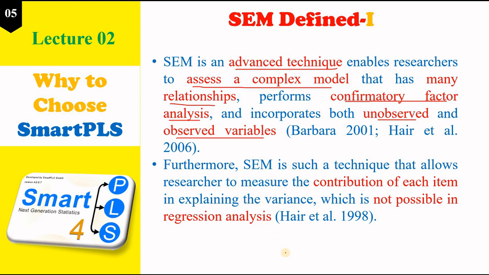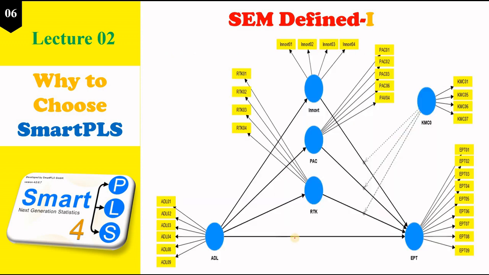Another good thing of this technique is that you can check the contribution of each item in explaining the variance, which was not possible in regression analysis. Whenever we performed regression analysis in typical software like SPSS, we did not have the opportunity to check the impact of each item on its relevant construct.